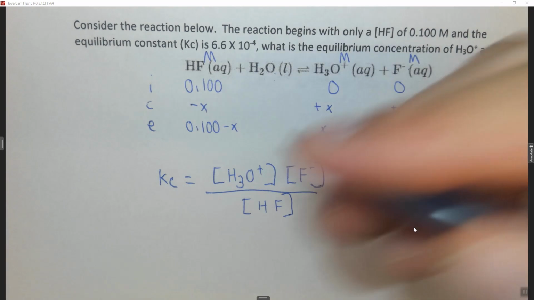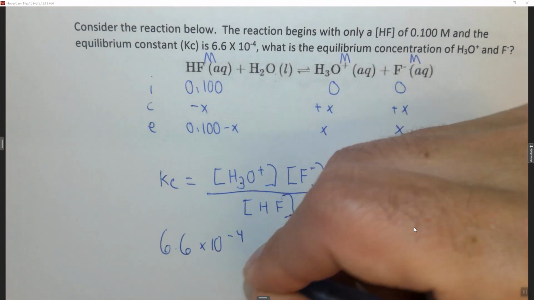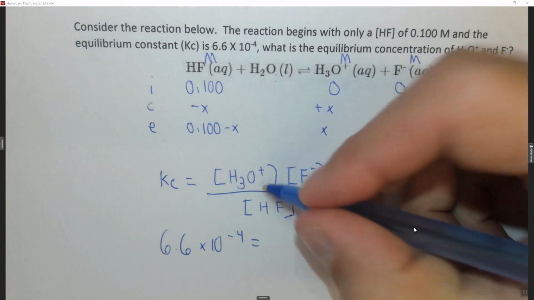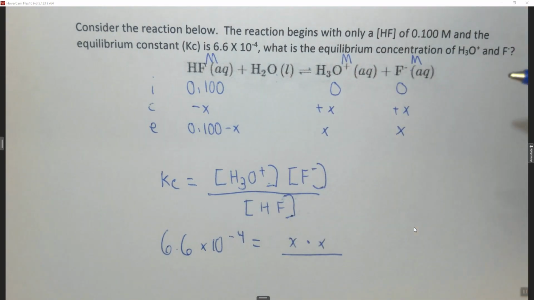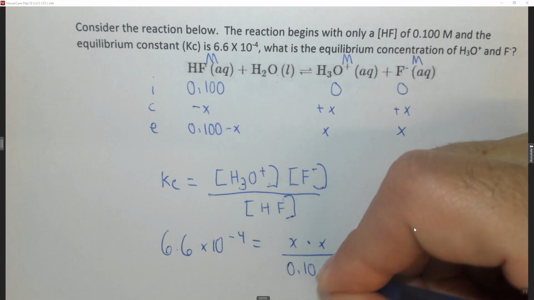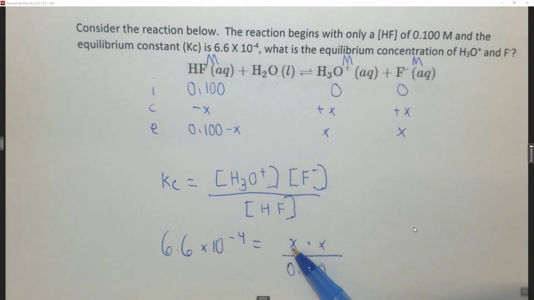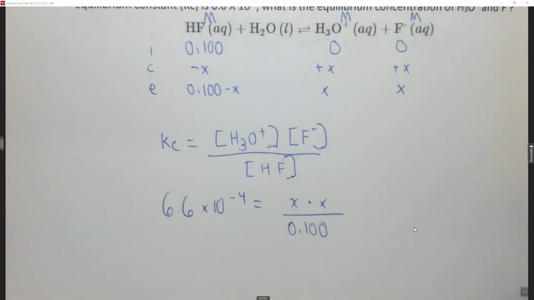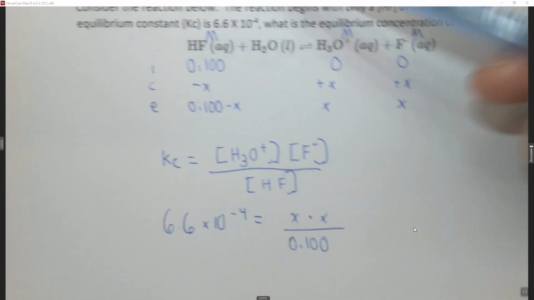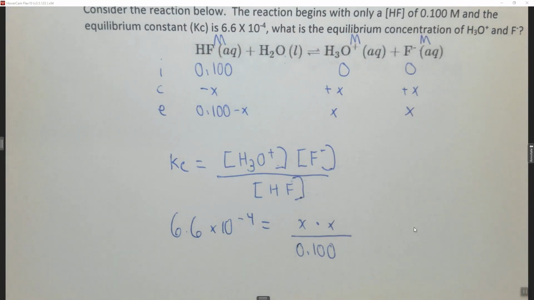Now we know Kc, so it's 6.6 times 10 to the minus 4 equals x times x, which is x squared, divided by 0.100. Note that I'm ignoring this minus x, so I don't have an x squared and an x term. If you do that, then you have to use the quadratic equation. Note that I'm allowed to do this if this is less than about 5% of this. Different textbooks will say different things.